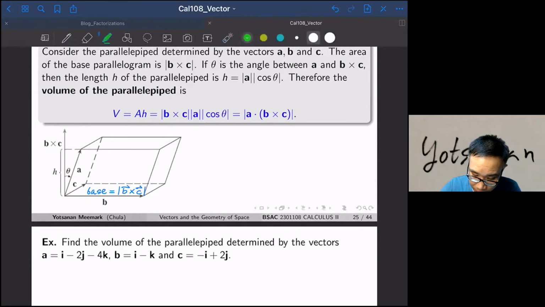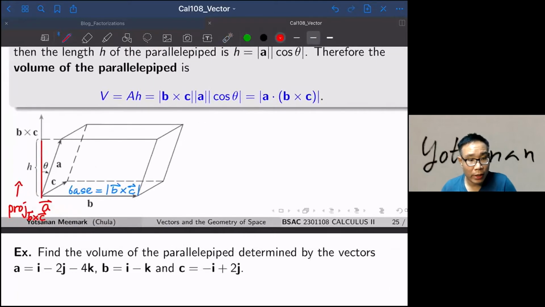Let me use the red color. So this height is the projection of A onto B cross C. The height turns out to be A cos theta, and you see that it turns out to be A dot B cross C: norm A, norm B cross C, cosine theta, where theta is the angle A makes with B cross C. So this gives you the volume of the parallelepiped.